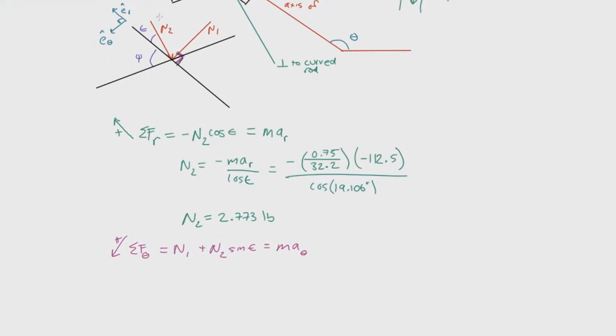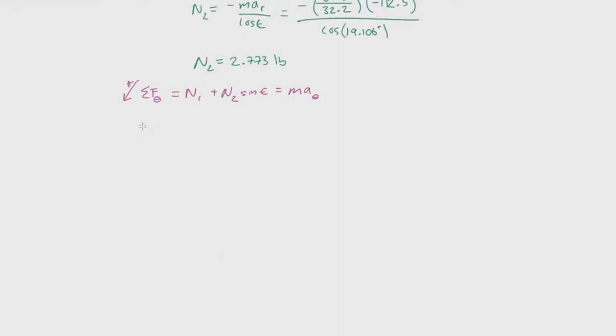N2 sine of epsilon is simply this force vector right here. So we just use some trigonometry to find that component. And to find N1, all you have to do is subtract N2 sine epsilon on both sides. So that'll be m a theta minus N2 sine of epsilon. So that equals 0.75 divided by 32.2. And again, the reason why we're only looking at 0.75 is because we're only looking at the background collar, not both collars at once.